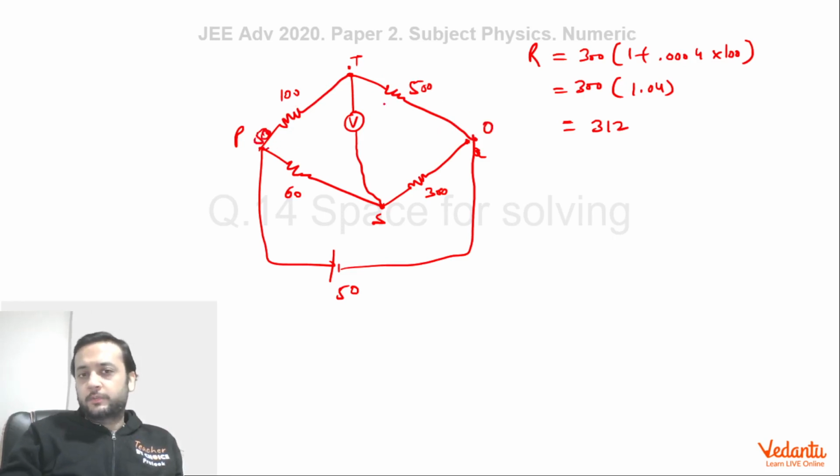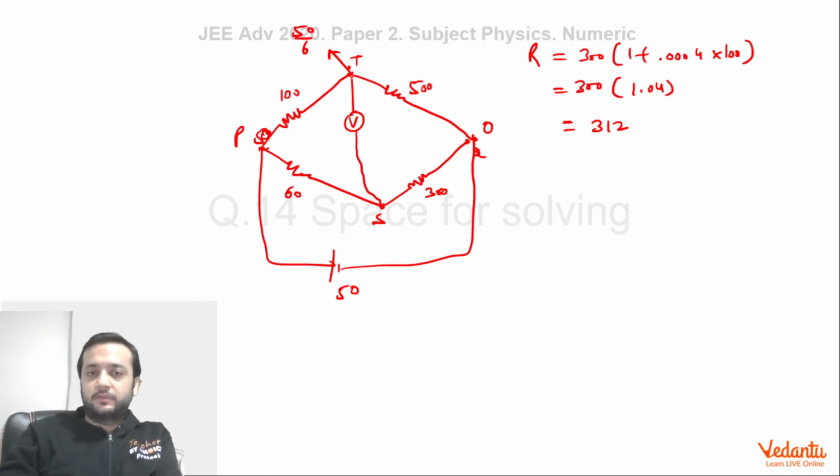So the total potential difference across P and Q is 50 volts. So we can say across P and T, the drop of 50 by 6. How did I say 50 by 6? Because across 600 ohms, a drop of 50 has to happen. So across 100 ohms, 50 by 6, correct? 100 upon 600. So I am hoping you understand this.